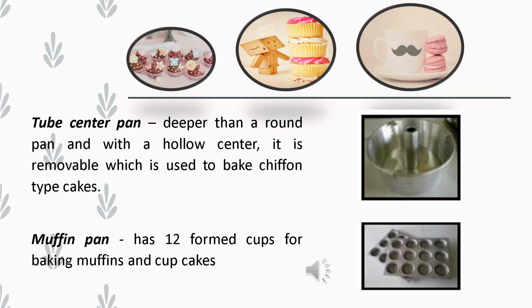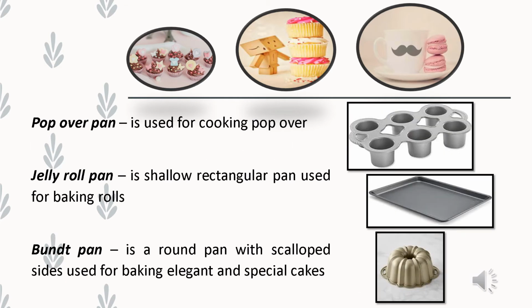Popover pan is used for cooking popovers, while jelly roll pan is a shallow rectangular pan used for baking jelly rolls or cake rolls. Bun pan is a round pan with scalloped sides used for baking elegant and special types of cakes.